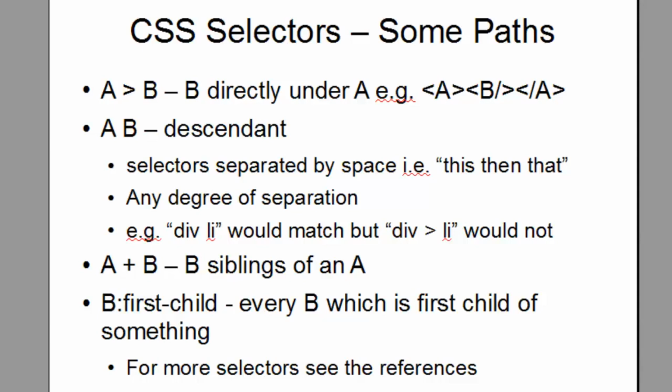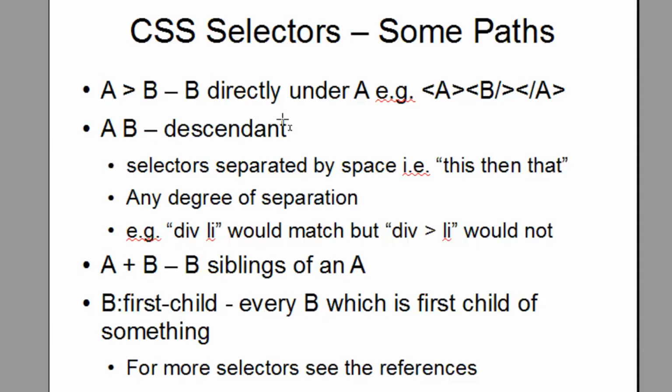Now the points here are, if I do a selector followed by a space followed by a greater than sign followed by another space followed by a selector, then it's basically saying match B directly under A. And I can do it as a descendant so that there's any degree of separation. A might be the great-great-great-grandfather of B, but because it's separated with a space, anywhere beneath A, if the B selector matches, then it will come back.